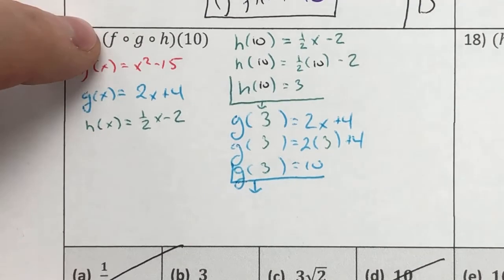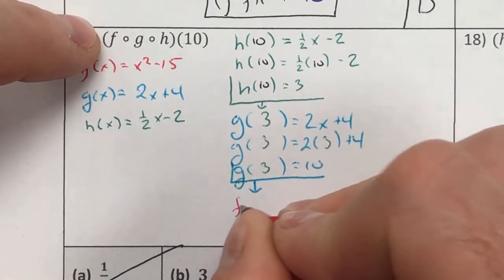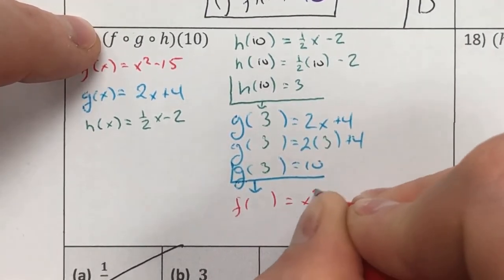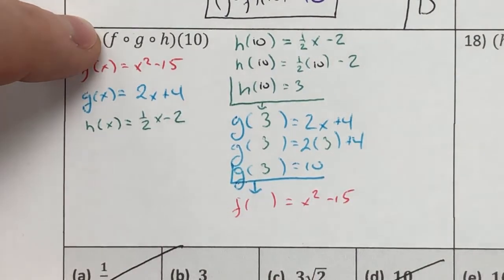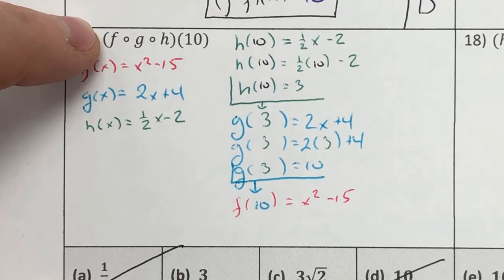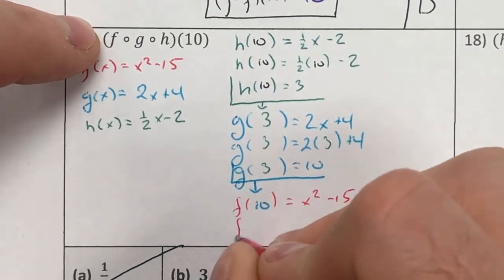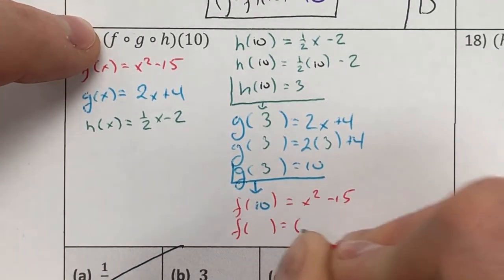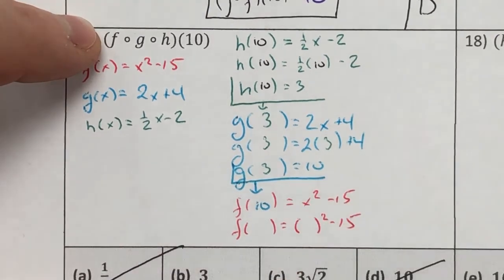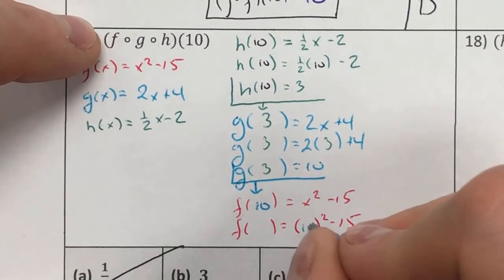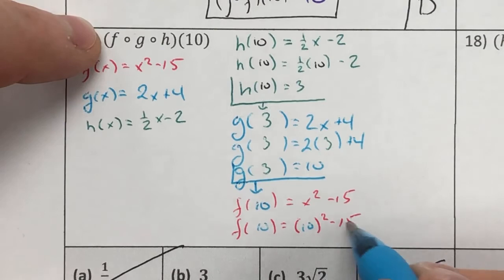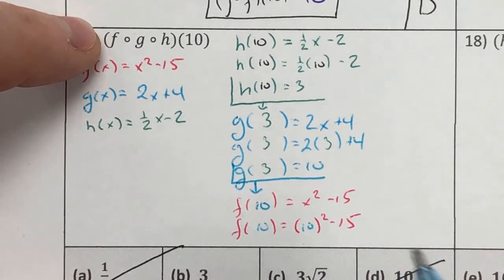F. In this case, this is going to be F of x, x squared minus 15, of 10. And when I plug in that 10, I get 100 minus 15 is 85.